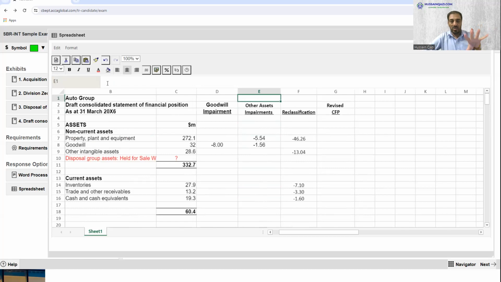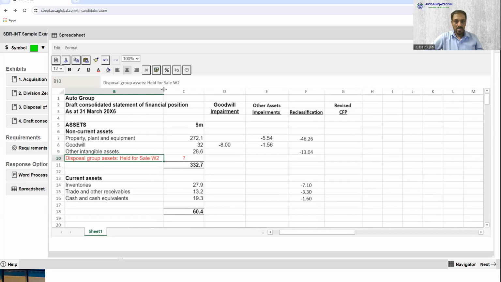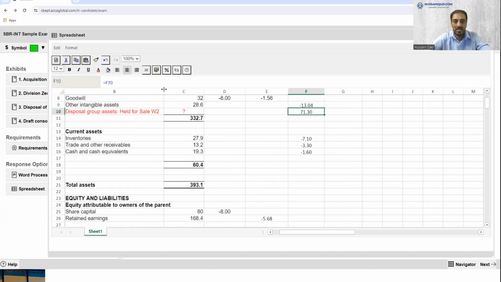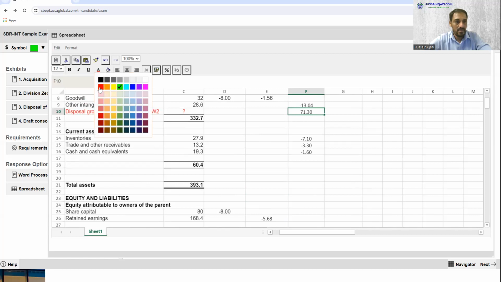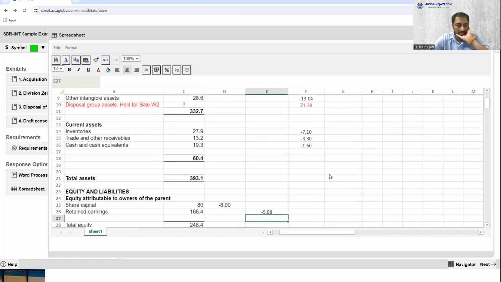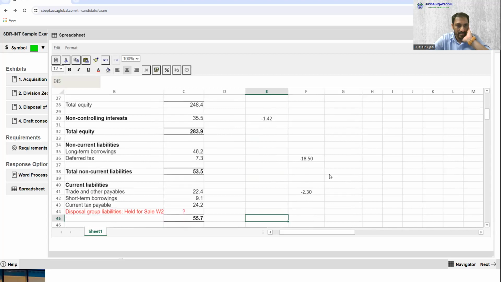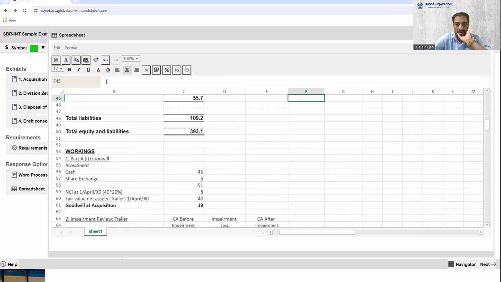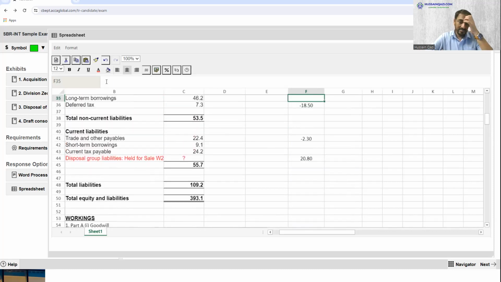So all these assets reduce, and one asset by name, disposal group assets 71.3. Same for the liabilities. 20.8 should be the liability.